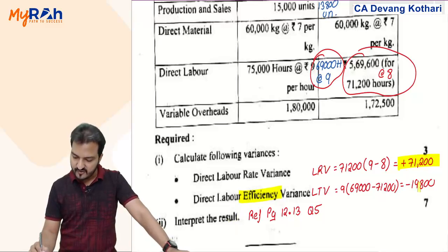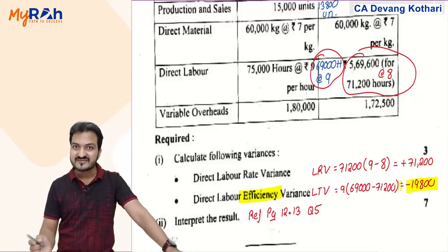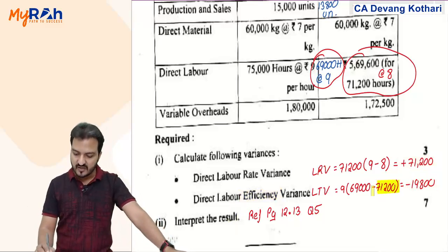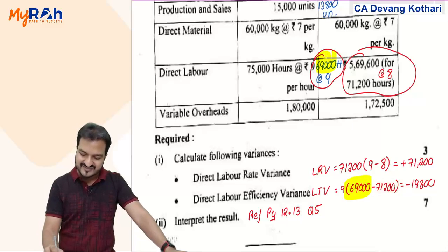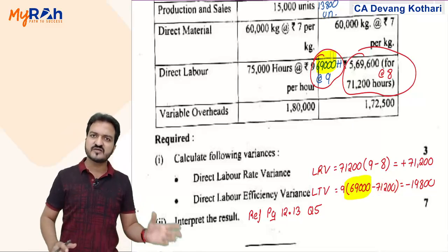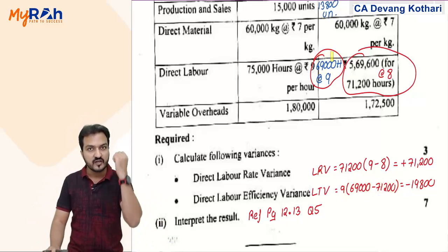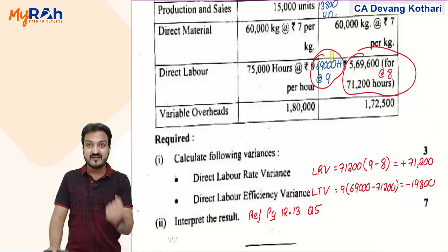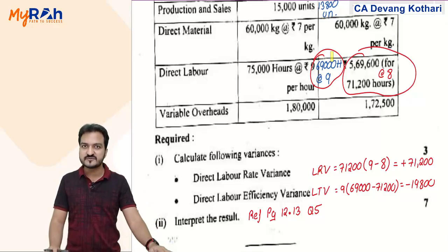My efficiency variance appears adverse. It means that my workers have taken more time to do the production, but it may also be because my standard time decided here, 69,000, itself was wrong. My standard time was unnecessarily set very low. Maybe that is why efficiency variance comes adverse.